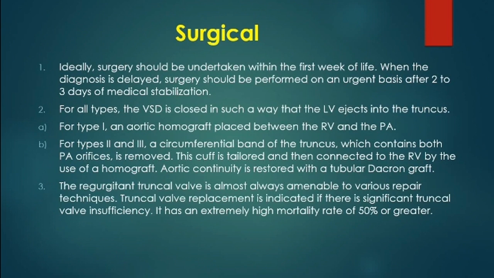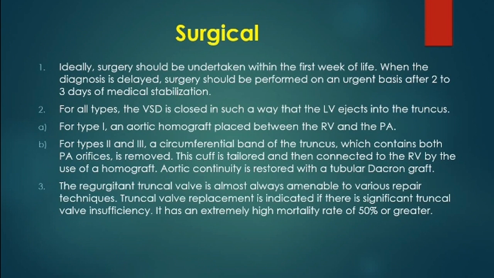For types 2 and 3, the area of the trunk with the pulmonary artery branches, either from the back or from the sides, will be removed, mobilized, and connected to the RV with a valved conduit. And the aortic continuity should be restored by a tubular graft.